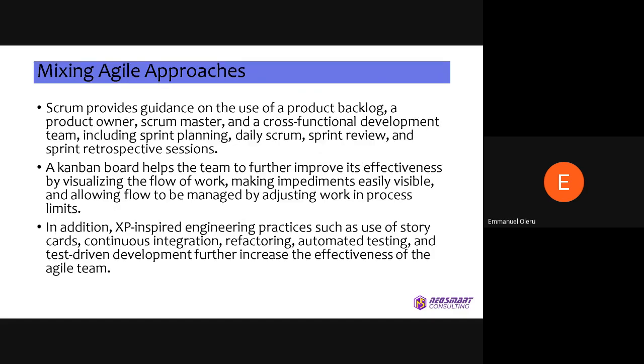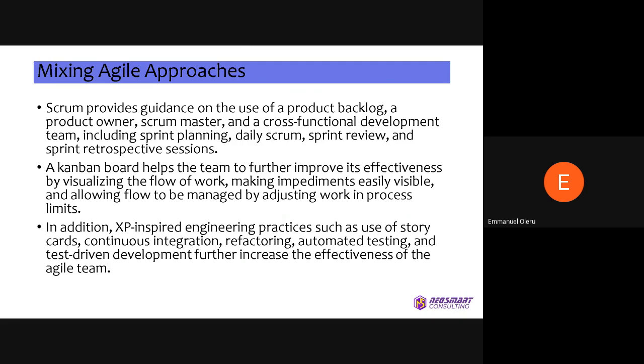Now, Scrum provides guidance on the use of the product backlog, the product owner, Scrum Master, and the cross-functional development team, including sprint planning, daily Scrum reviews, and all that. Then the Kanban board helps the team to further improve its effectiveness by visualizing the flow of work and making impediments clearly visible so that other people can see them and they can be properly managed.